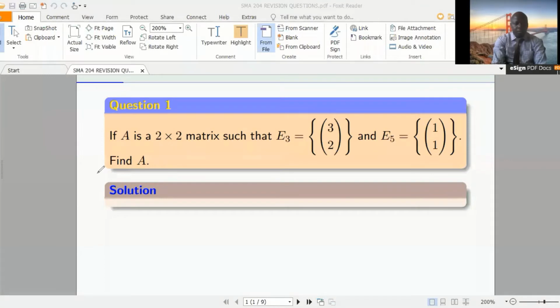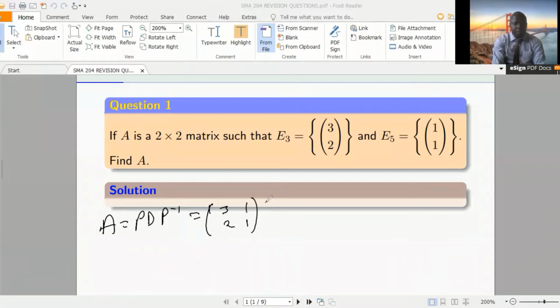So now, what is A? We had already said that A will be given by P, D, P inverse. P was formed by writing these eigenvectors in column form. So P is (3, 2) and (1, 1).